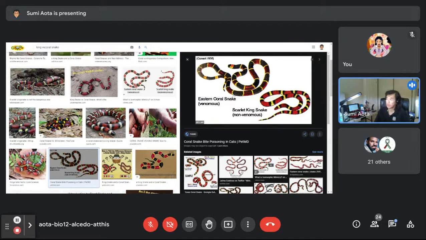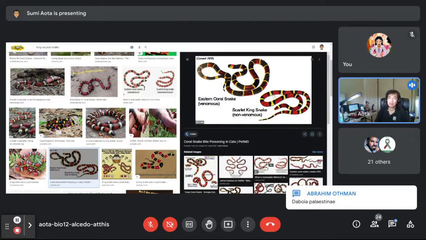That's the venomous coral snake. Red touches black. That's a non-venomous king snake. So this is a form of Batesian mimicry as well, although it's not perfect. But it's similar enough that if you don't know that, it's really, really hard to tell apart.